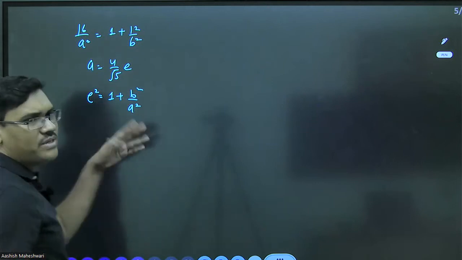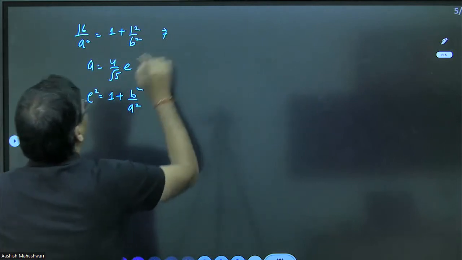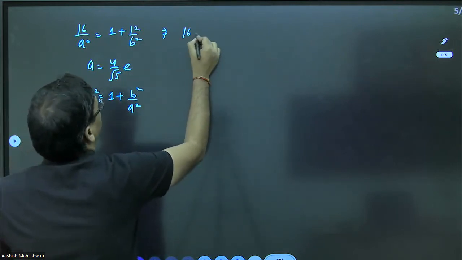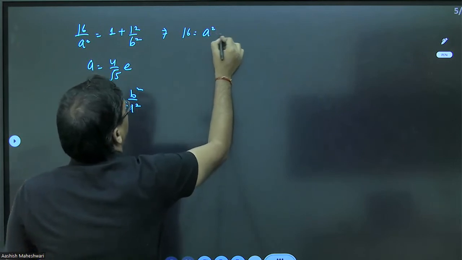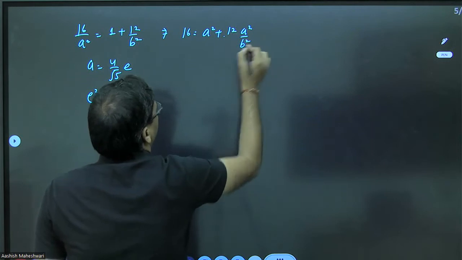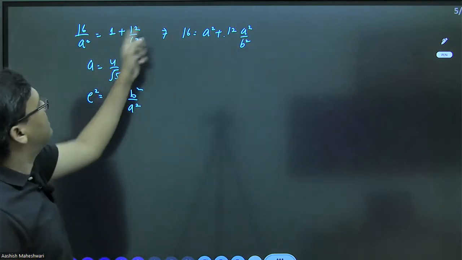Let's take this, so it will be easy. So now, this is 16 is equal to a square plus 12 a square by b square. I have just multiplied this by a square.